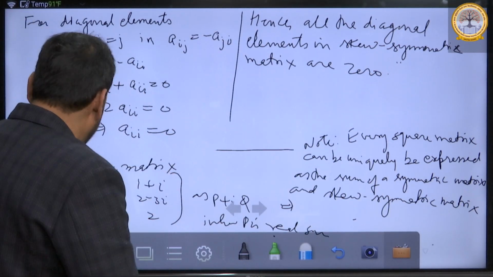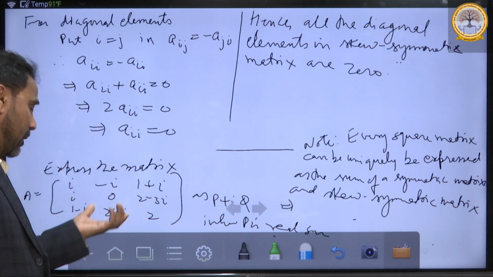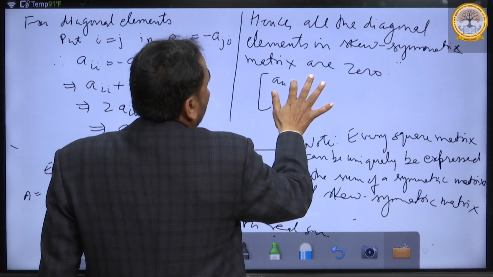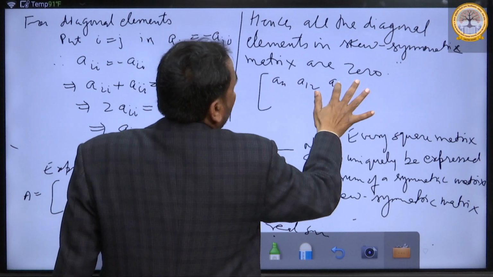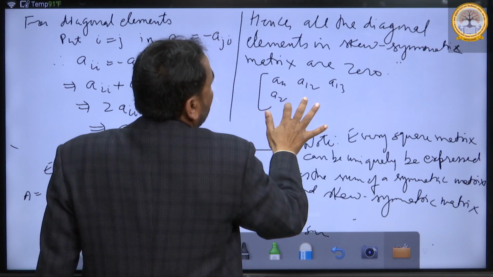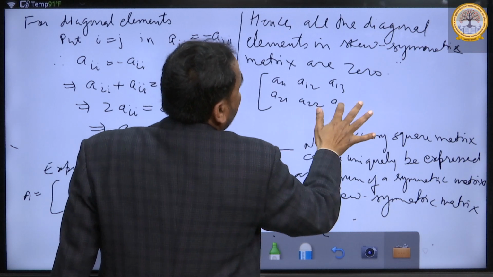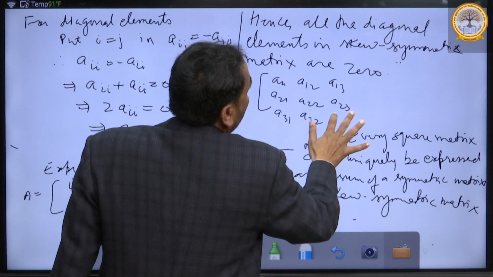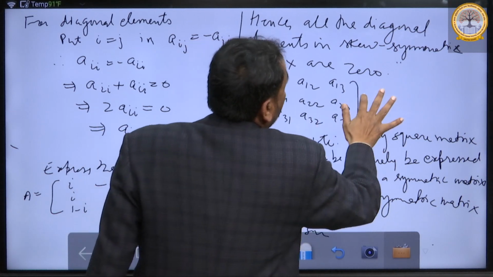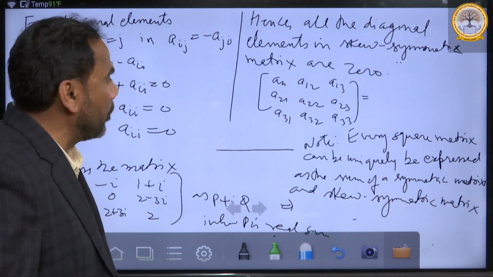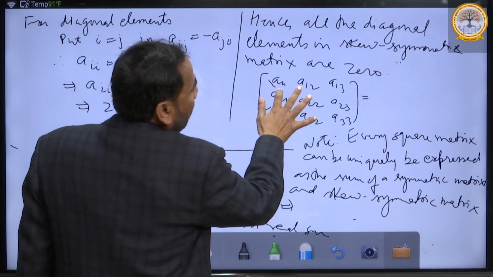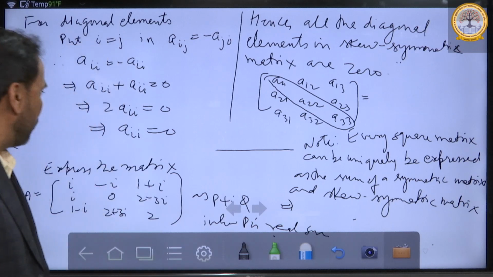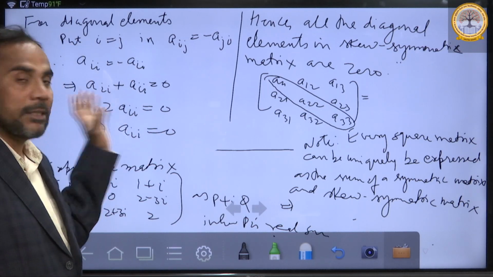For example, here this is the 3 cross 3 matrix. You know A11, A12, A13, A21, A22, A23, A31, A32, A33. It means that here the diagonal elements are A11, A22, A33. So we have here Aii is equal to 0.